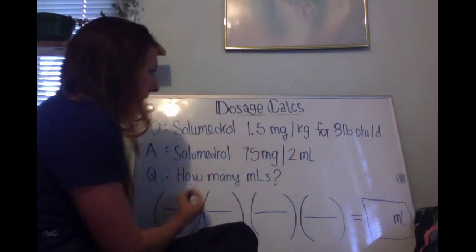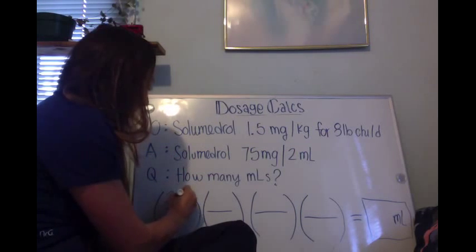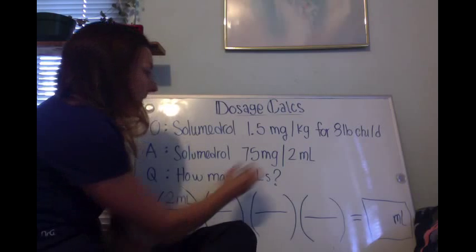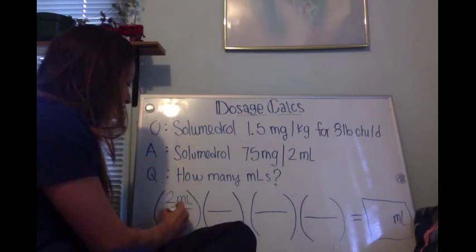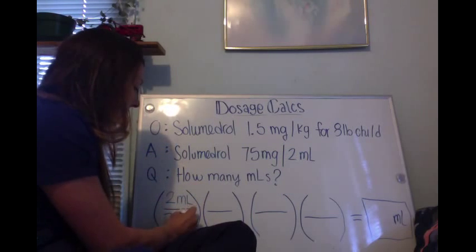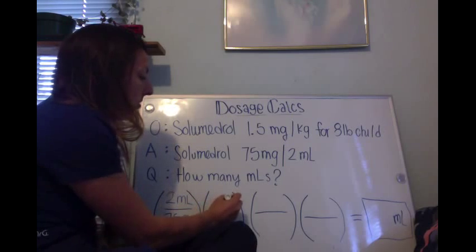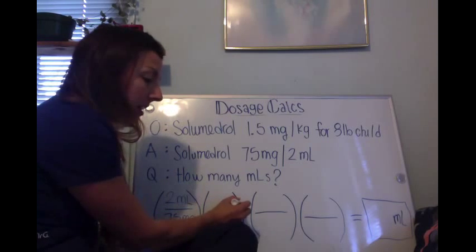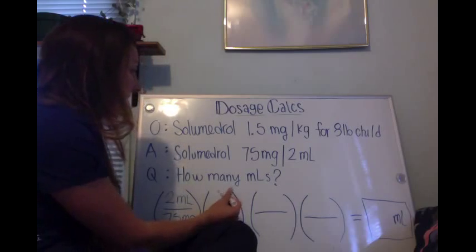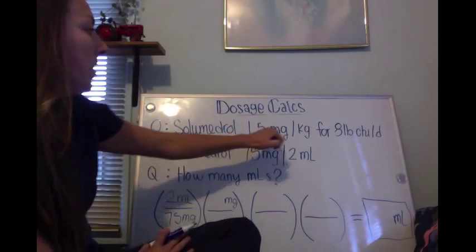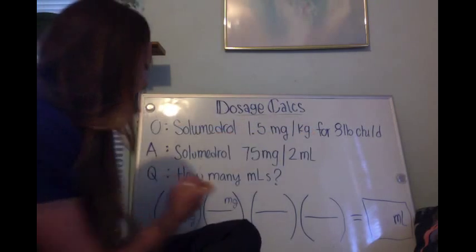So I know that I have 2 milliliters, and that 2 milliliters is equal to 75 milligrams. Heading up over onto the next one, we're using our milligrams here. I know that we're going to give 1.5 milligrams per kilogram.